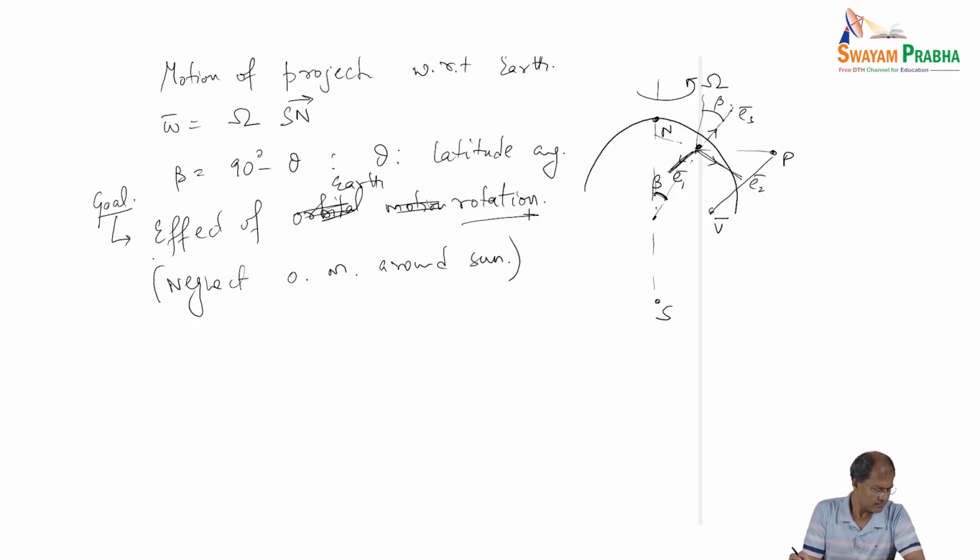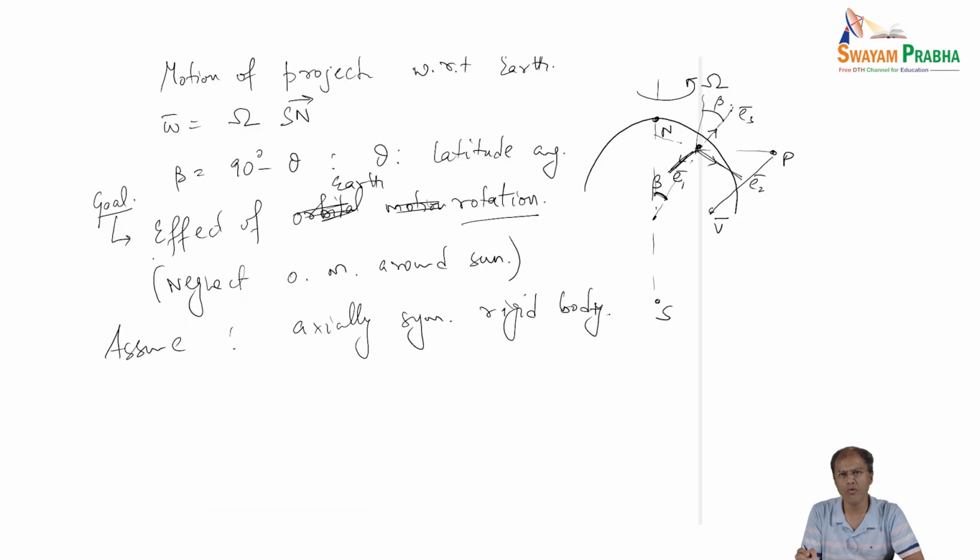So what we have? We assume the earth is an axially symmetric rigid body. So we assume that earth is a perfect sphere, right? Now, what do we mean by axially symmetric rigid body?